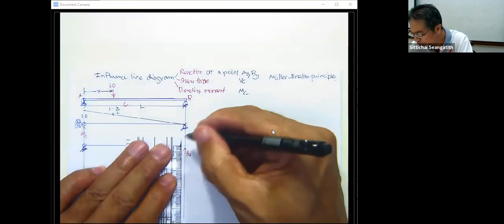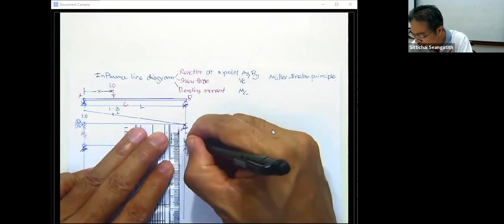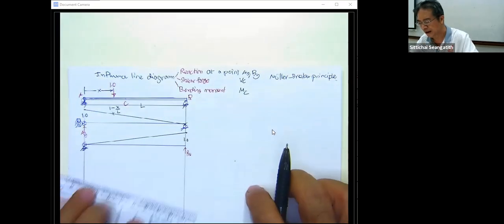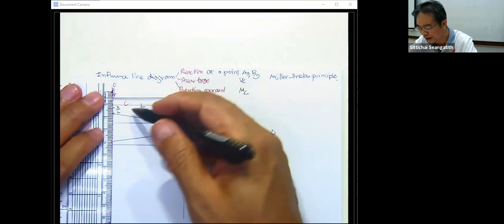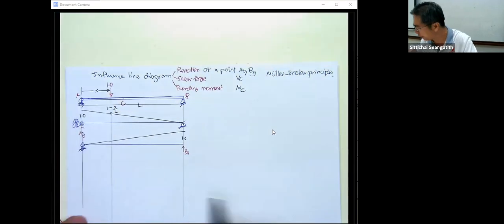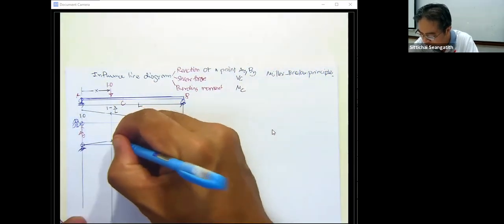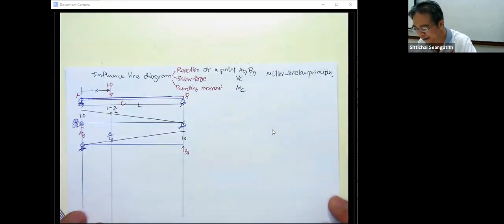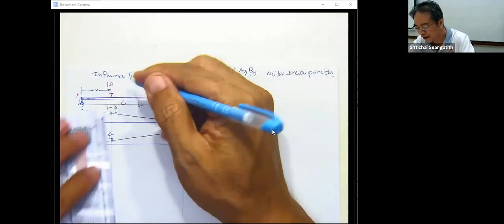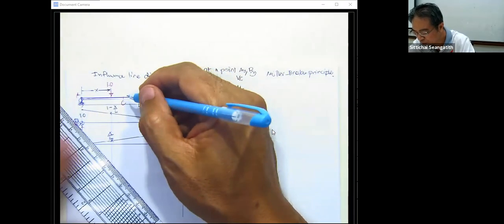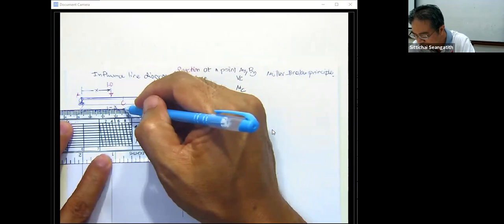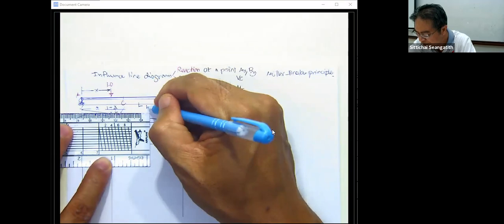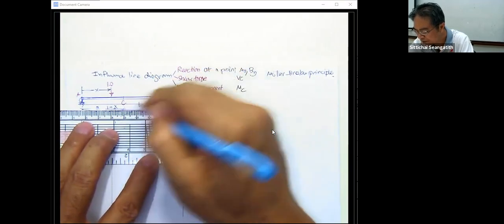This one is going to move 1.0 unit, and you get the shape of this to be the influence line of B sub y, and the coordinate of this is going to be x over L. And then we come to the point C. Let's say the length from A to C is a, and from C to B is b.